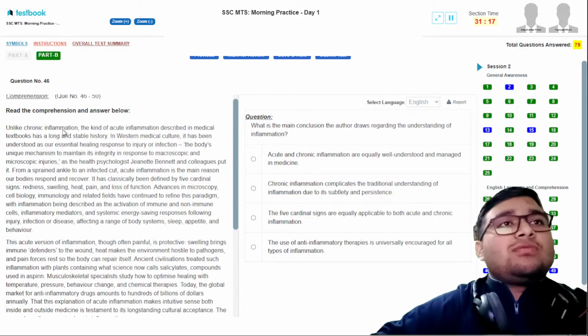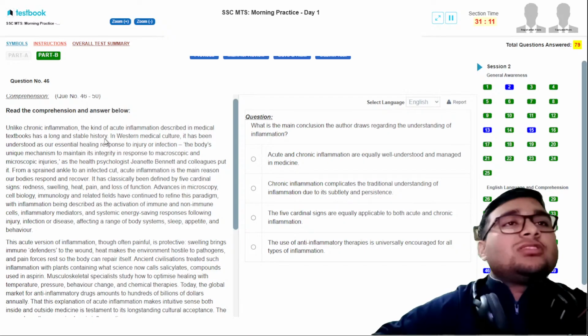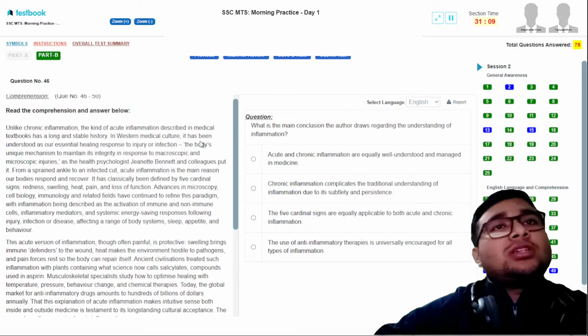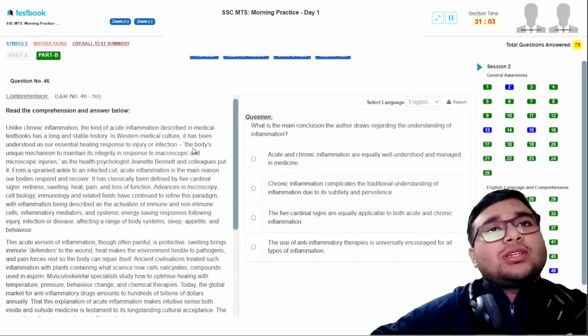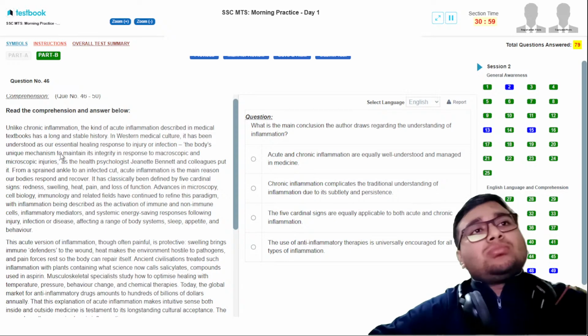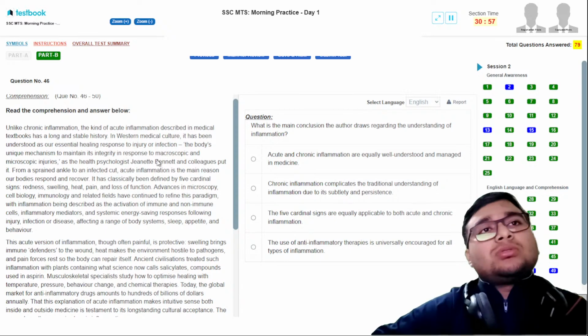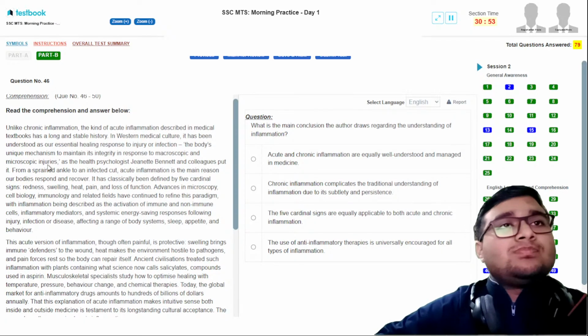Unlike chronic, acute inflammation described in medical textbooks has a long and stable history in Western medical culture. It has been understood as an essential healing response to injury and infection. The body's unique mechanism to maintain its integrity in response to macroscopic and microscopic injuries.